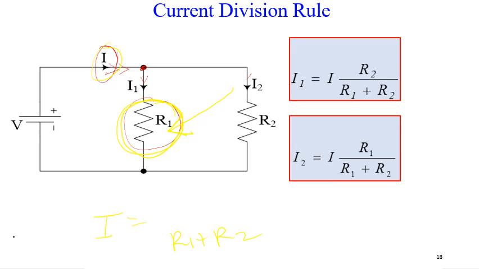But let's look at something very quick here. Let's say this arrow, I2, was pointing upwards, something would have happened.